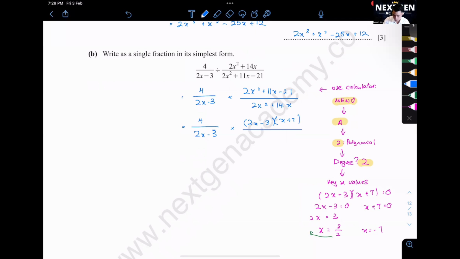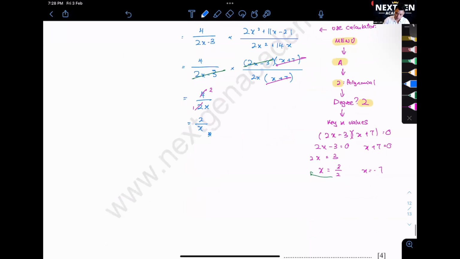The bottom here, we can factorize 2x, my highest common factor, and I'll be left with x plus 7. x plus 7 and x plus 7 can cancel. 2x minus 3 and 2x minus 3 can cancel. I'll be left with 4 over 2x. 4 can cancel, 1, 2. This will be 2 over x. Okay, 2 over x. Congratulations, everyone.